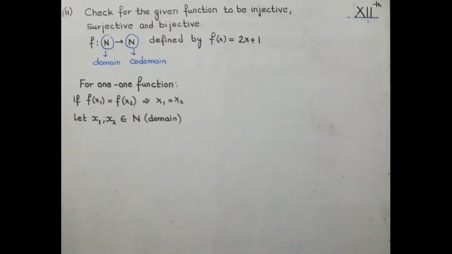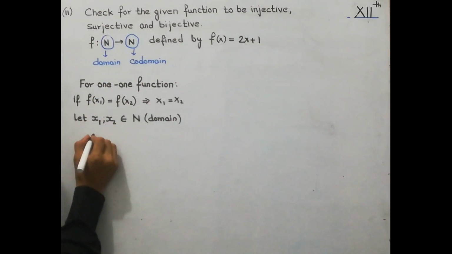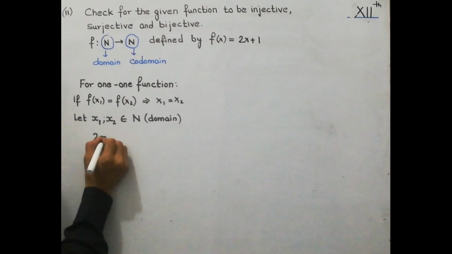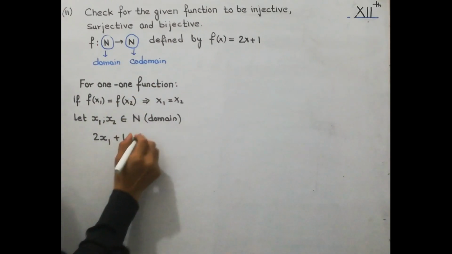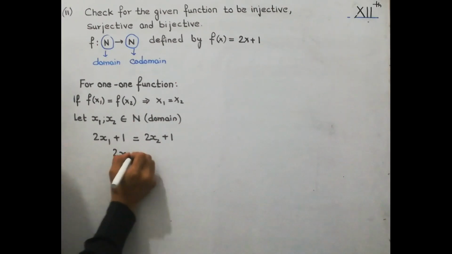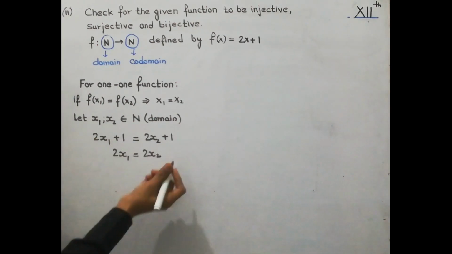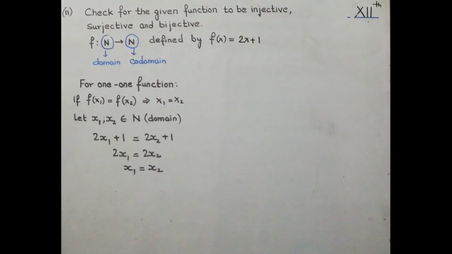We have considered any 2 elements x1 and x2 from the domain, and we are considering that their functional value is equal. Now the functional value of first will be f(x1) = 2x1 plus 1 must be equal to f(x2), so 2x2 plus 1. So when you solve this, as you did in the previous question, the same working you are getting, and you are getting x1 is equal to x2. Now if we are getting x1 is equal to x2, this implies that f is 1-1 function.